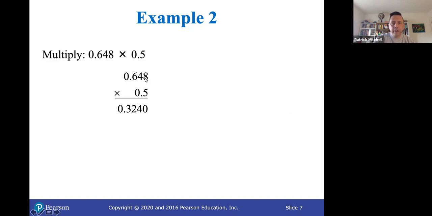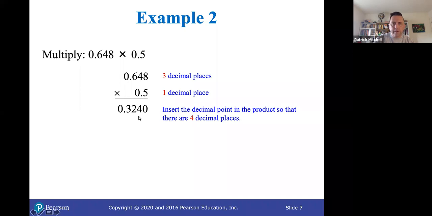However, 648 thousandths has 3 decimal places, 5/10 has 1 decimal place, so the answer will have 3 plus 1 equals 4 decimal places. So that product is 3,240 ten-thousandths, but you could also write it as 324 thousandths. You don't have to include that 0 on the end.